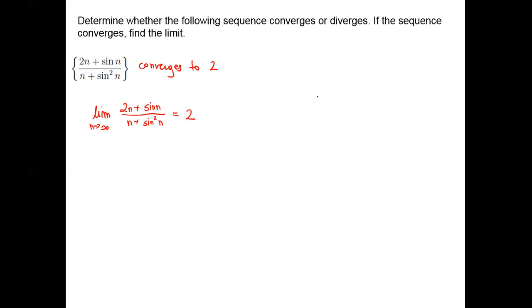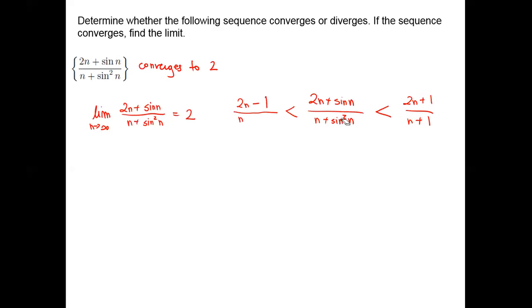I can write my entire sequence, 2n plus sine of n over n plus sine square of n, and I can squeeze it between two functions. I will copy 2n, and the maximum value of sine of n is 1, and the maximum value of sine square of n is also 1. Then I will try to get a function less than my original formula. That means the minimum value of sine of n is negative 1.